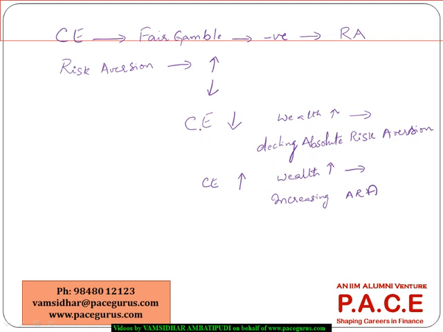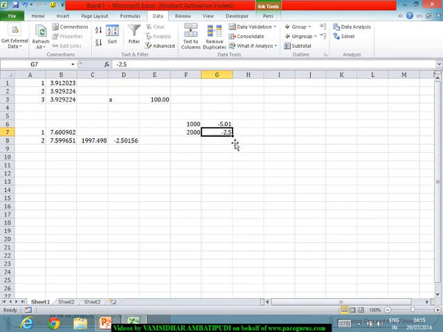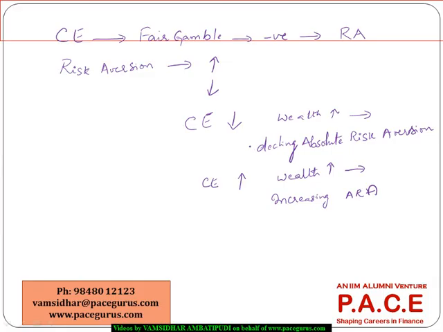Sometimes I look at this certainty equivalent in absolute terms, which is directly looking at how many rupees or dollars is the difference, or sometimes I can look at it in proportionate terms, which is nothing but certainty equivalent as a proportion of wealth.